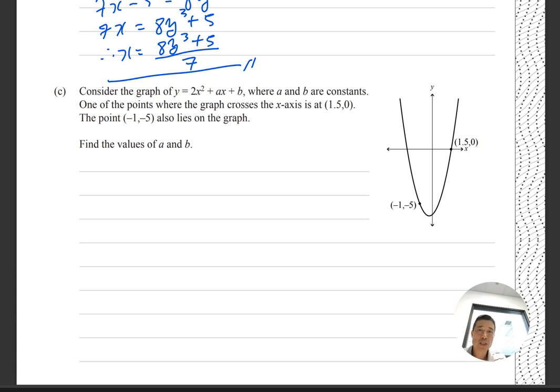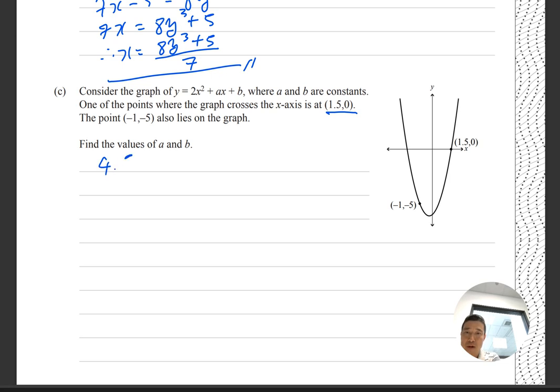So this is a simultaneous equations, right? Solving simultaneous equations. So what you have to do is you plug 1.5, 0 into the equation, as well as -1, -5. So let's start with the 1.5, 0 first. So when you plug 1.5 into x, so 1.5 squared times 2 is 4.5.